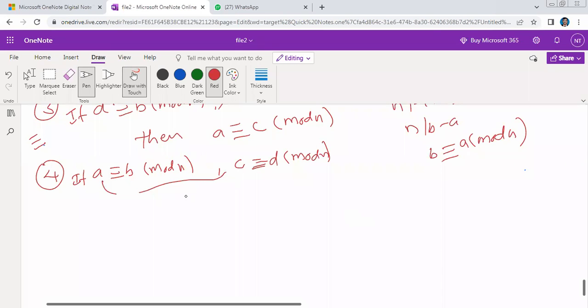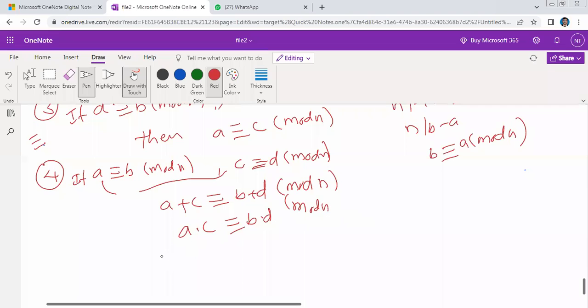Yes, sum of these two, ఈ రెండింటిని యాడ్ చేసినా కూడా A plus C is also congruent to B plus D modulo n. Then what about multiplication? A into C congruent to BD modulo n. This property also holds.